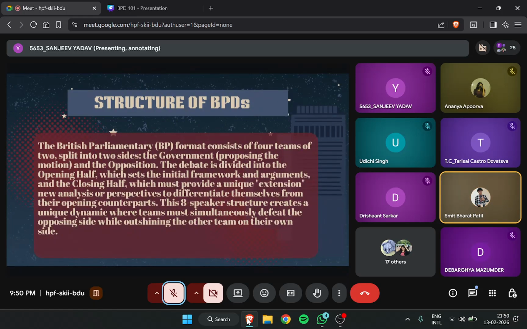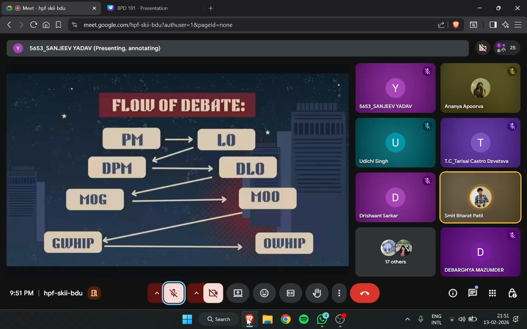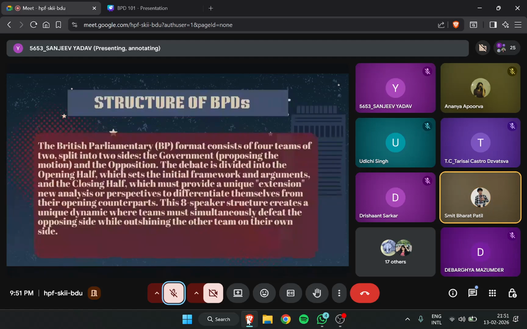Let's suppose there is opening opposition. The POI that is preferred for opening opposition is the closing government, and for opening government, the closing opposition. So the procedure of POI is prioritized in a cross manner. Right. Next slide.